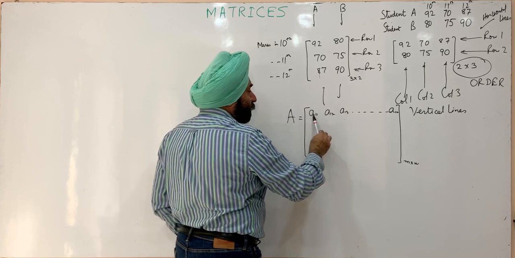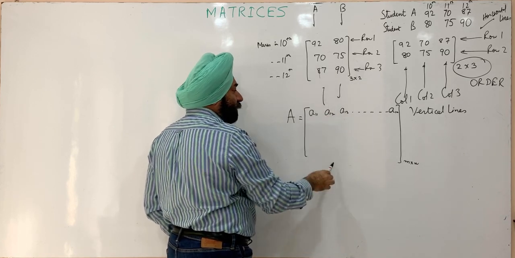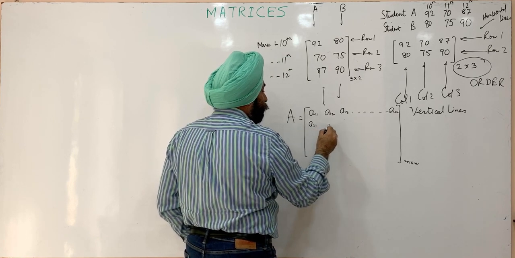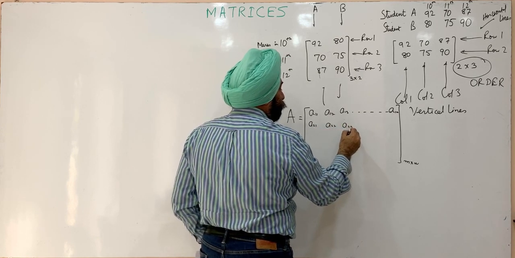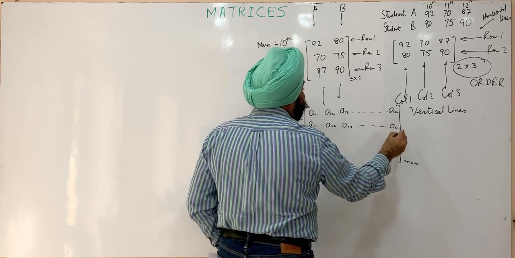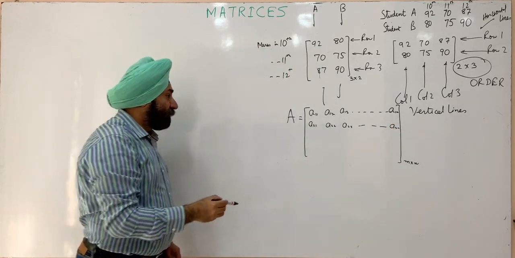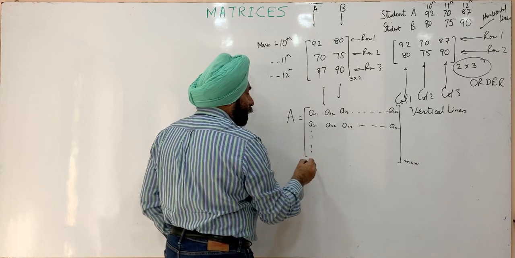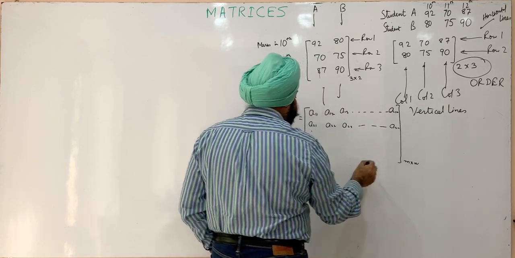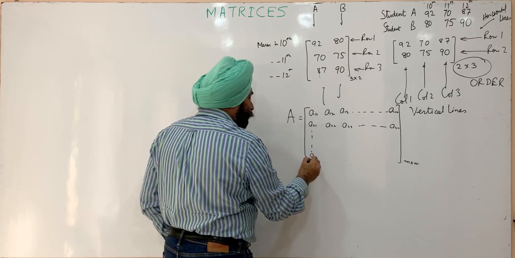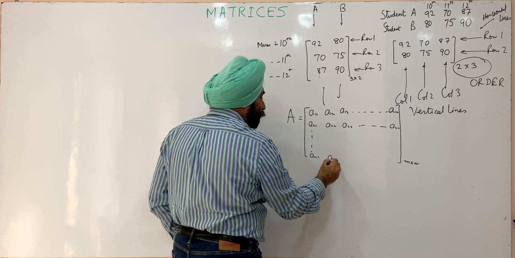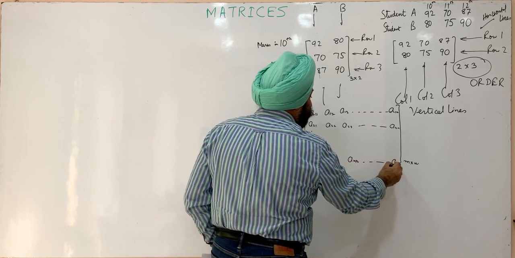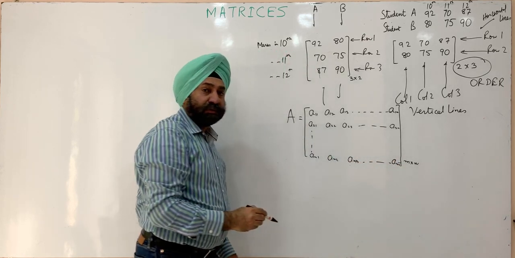This is element at the intersection of first row and second column, and so on. Next, a21, a22, a23 and so on, a2n. These are elements of the second row. And we have m rows. So am1, am2, am3 and so on, amn. These are elements of the mth row.